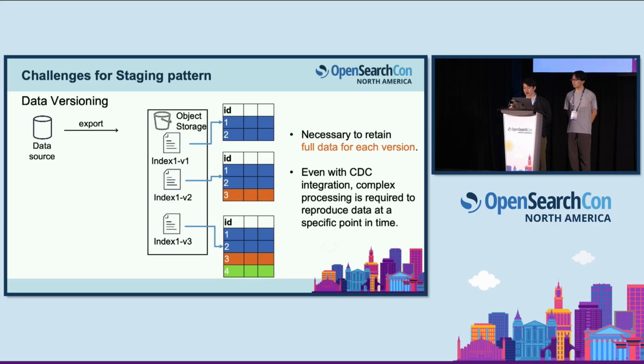Some object storage services offer versioning functionality, but they store all files in the background, which cannot be cost-effective in some cases. And even when using CDC, based on binlogs or something, reconstructing a historical snapshot of a table requires complex and difficult operations.